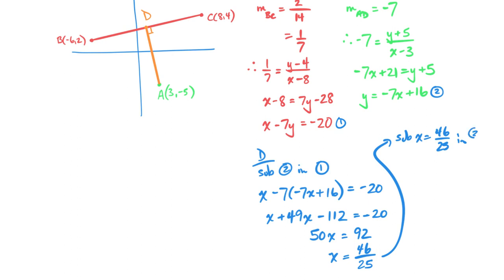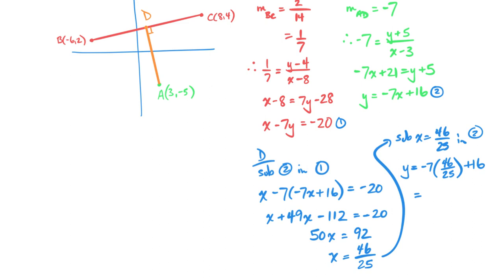Now I'm going to go ahead and plug that in. And I'm probably going to sub it back into 2 because the y is already isolated. Well, that's going to get me y equals -7 times 46 over 25. Oh, this is going to get ugly. Okay, I'm going to get something nice and big. So I'm going to go ahead and calculate that 46.